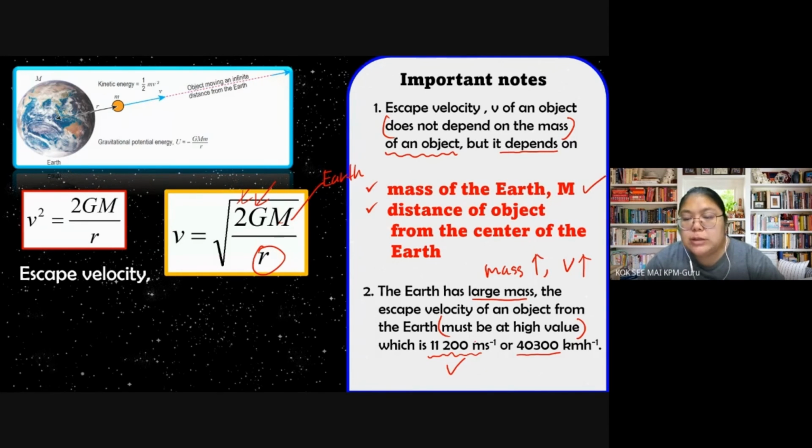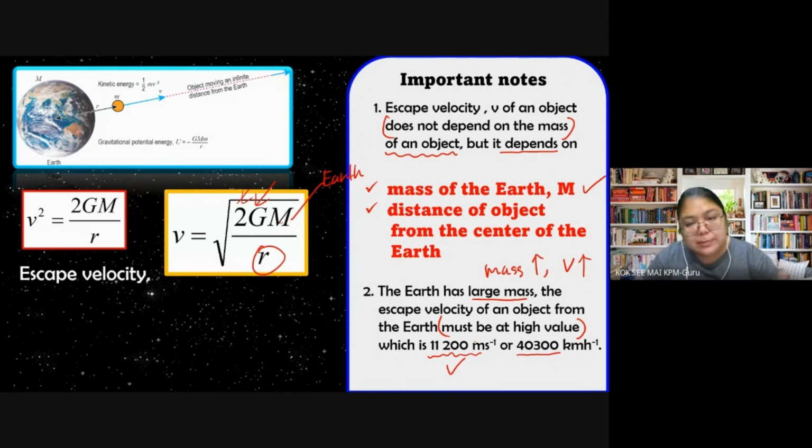So the question will ask you to calculate the escape velocity for the rocket. Then they will ask whether this rocket can go to outer space or not, and you need to compare the Earth's escape velocity with the rocket's. Is it over or not? If over, that means it can go up.